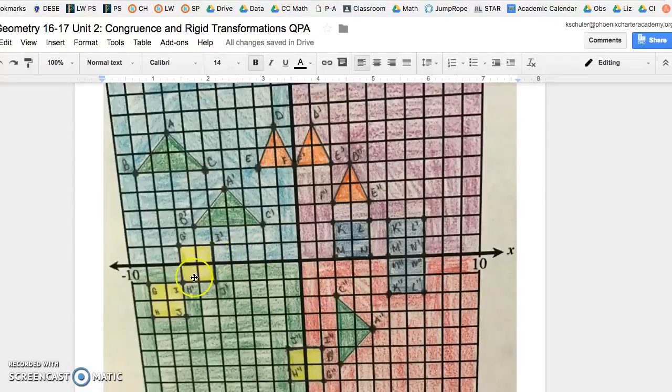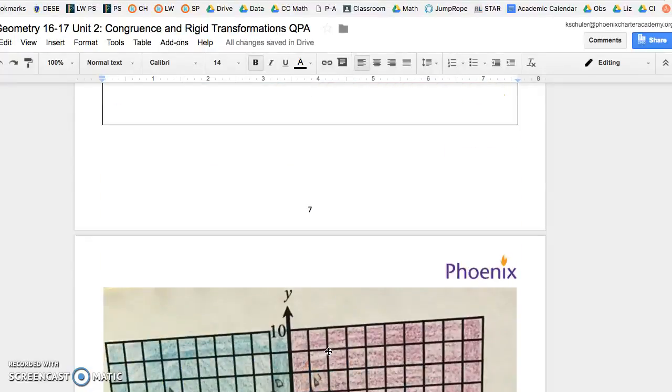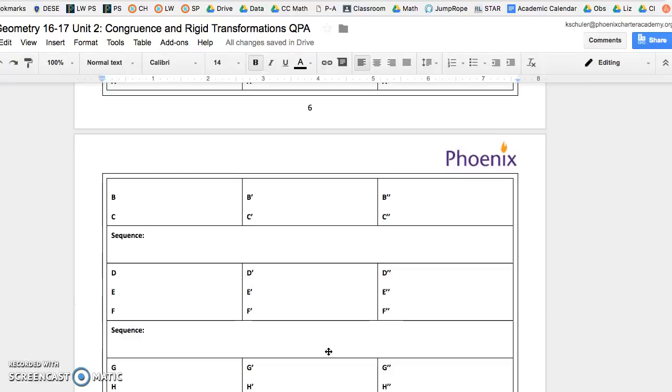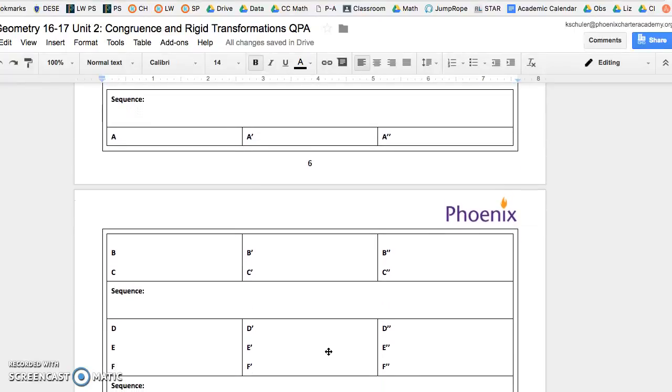In addition to fixing this to make sure that they have 2 different types of quadrilaterals, we would want to make sure that you are using your table to show your sequence. So you are going to describe the sequence that you took, and then label the coordinate points for each of the pre-image, post-image, and the post-image of the post-image figures.